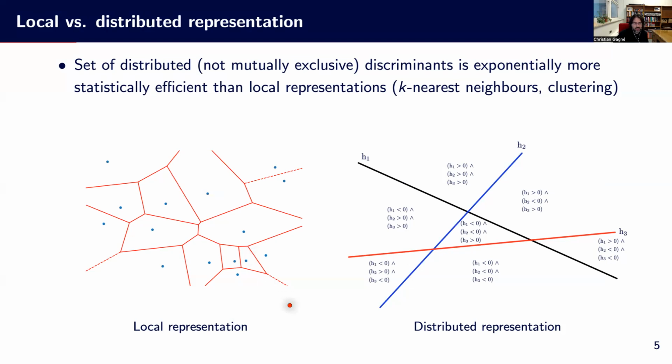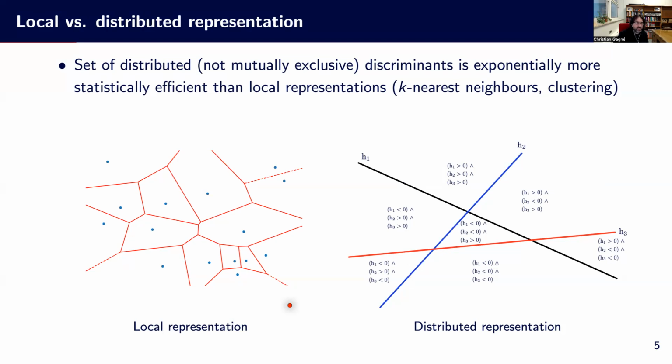This allows us to cut the space into different regions and do some processing. It works reasonably well, especially in low dimensions. But when we go to high dimensionality, and when we want to express relatively complex ideas that are composed of many things, it is quite limited. We always need an instance to represent a new concept.